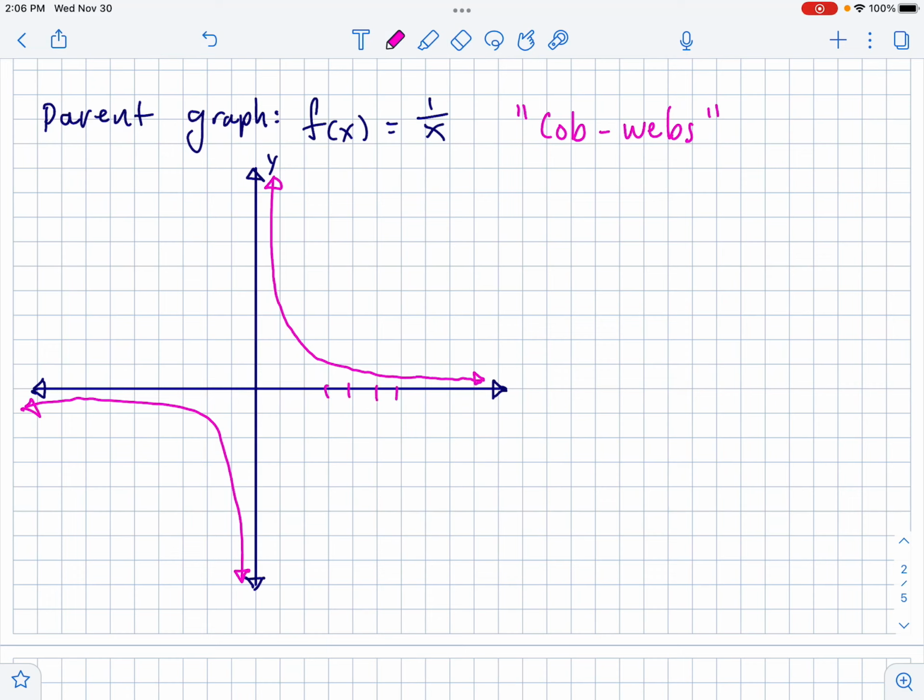It makes sense because if you think about putting in larger and larger x values, you're just going to get a smaller and smaller fraction. Like if you make x 100, then your output is 1 over 100. So you actually get this asymptote relationship where the further out you go, the smaller the number is going to be.